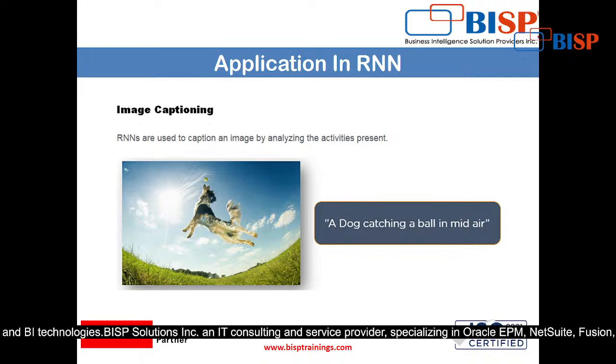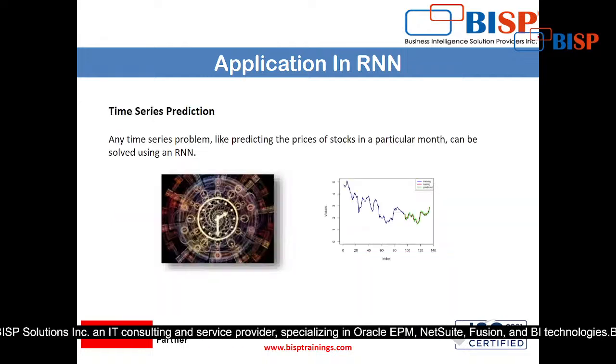So the recurrent neural network is capable of analyzing data like this also. Similarly, time series prediction. Suppose we have data of the last 10 years related to transactions, any corporate data. In that case, any time series problem like predicting the price of stocks in a particular month can be resolved using an RNN.